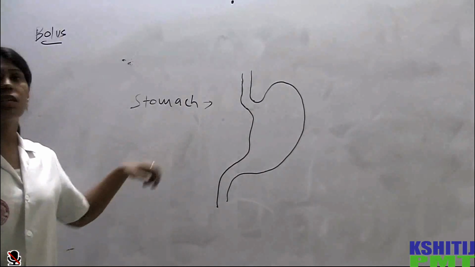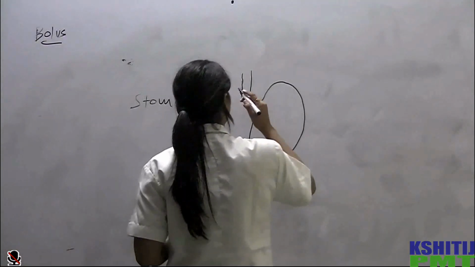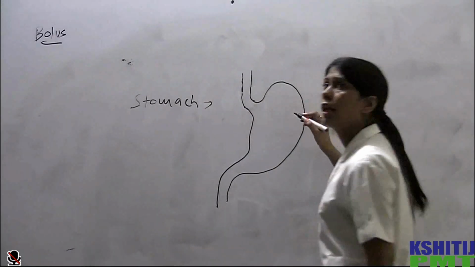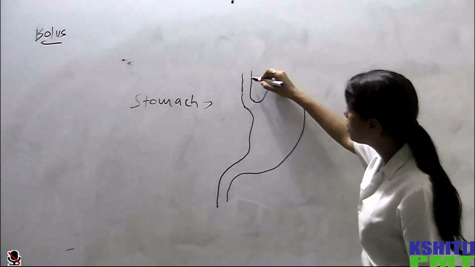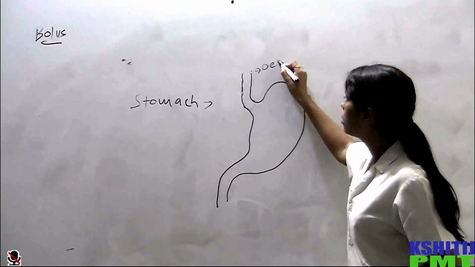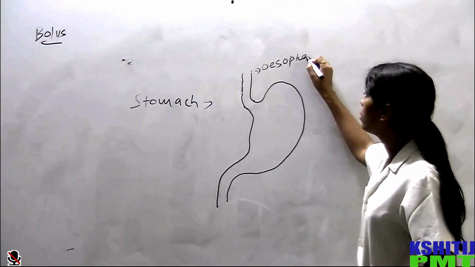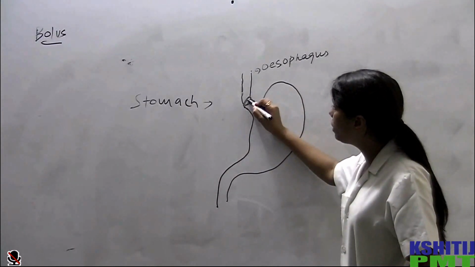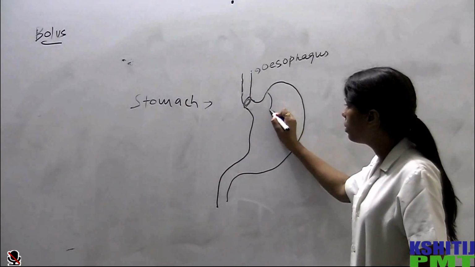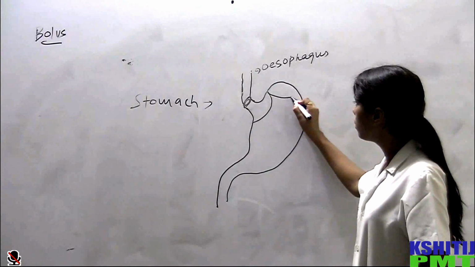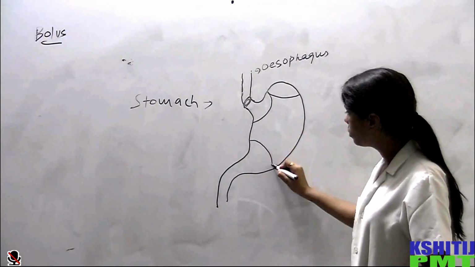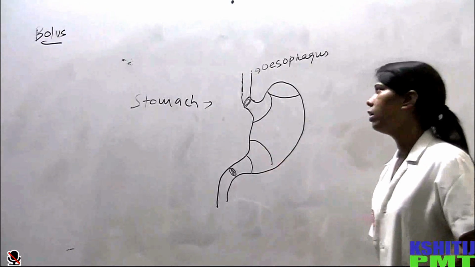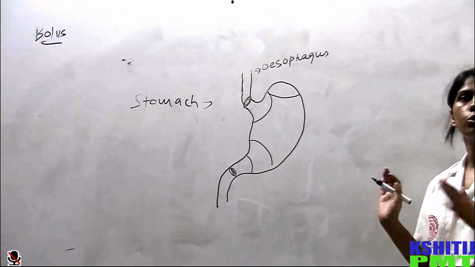So this is your stomach, and this is your esophagus. Here we have a sphincter. So these are the parts of the stomach.